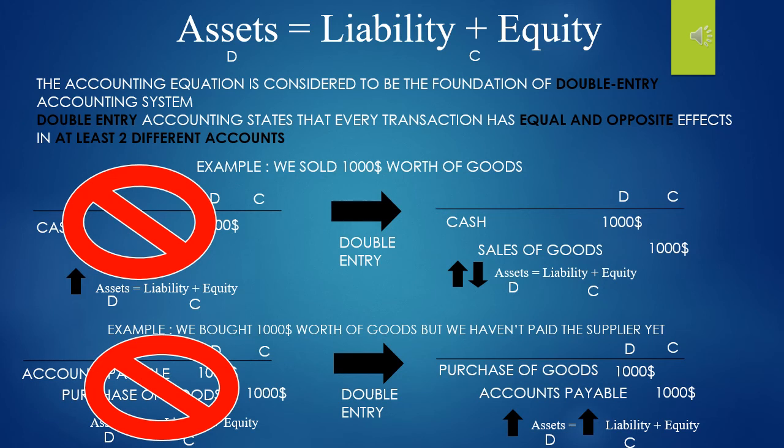Is it a liability or an asset? It's a liability because you want to pay and you have to pay. You're obliged to pay. You are liable to the supplier by $1,000. So your liability also increased by $1,000. So assets increased, liability increased. That means your equation is still balanced.